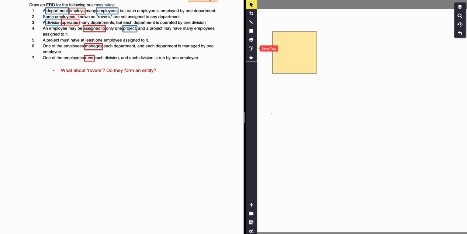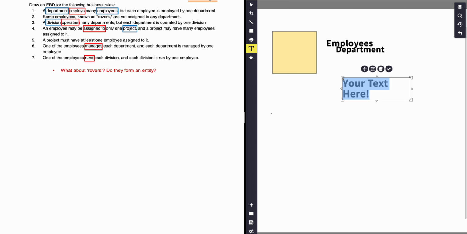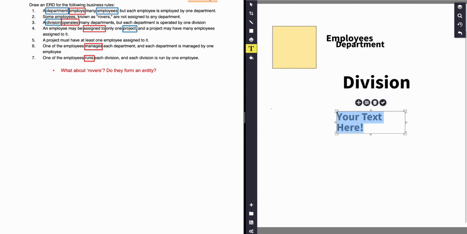We have an entity called department. That's perfect. So we've got our department table, we have our employees, we also have our division, and then we have our project.